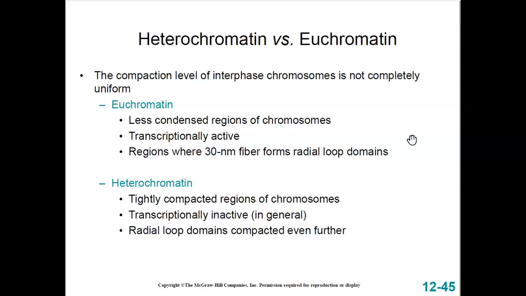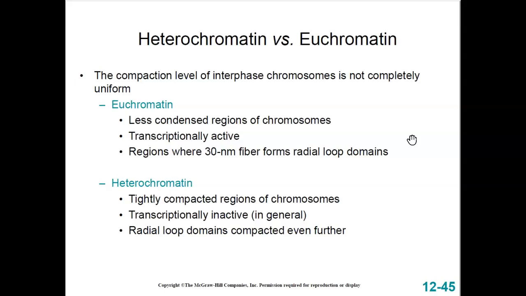These euchromatin regions are extremely transcriptionally active. The loops are much more open. Therefore, when you look at the chromosomes, those regions look fluffy. They used to call them polytene puffs, if you've ever heard that term, because those are the polytene chromosomes in the salivary cells in Drosophila.